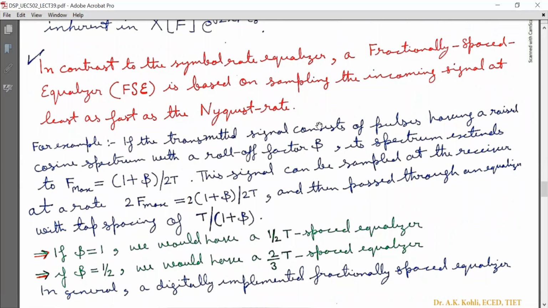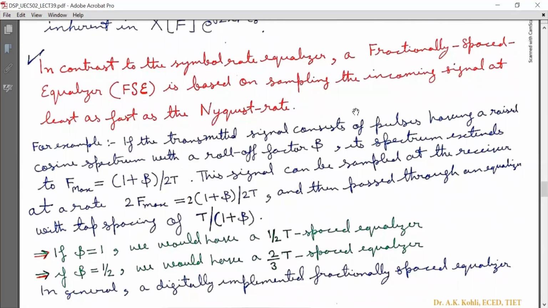For example, if the transmitted signal consists of pulses having a raised cosine spectrum with a roll-off factor beta, its spectrum extends to F maximum equal to (1 plus beta) by 2T. This signal can be sampled at the receiver at a rate 2F maximum, that is equal to 2 times (1 plus beta) by 2T, and then passed through an equalizer with tap spacing of T by (1 plus beta).